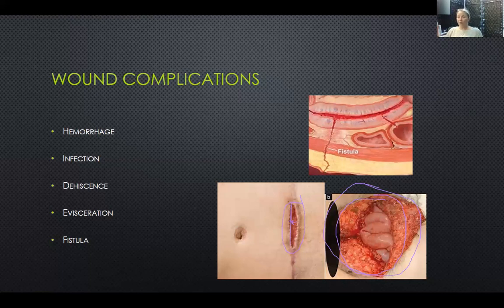And when we look at dehiscence and evisceration, I always think of abdominal wounds. Those abdominal wounds are just at higher risk. There's a lot more pressure. So if anybody's coughing a lot or straining or having excessive vomiting, you're having increased pressure in that abdominal region, and those abdominal wounds are going to be at risk for evisceration or dehiscence.